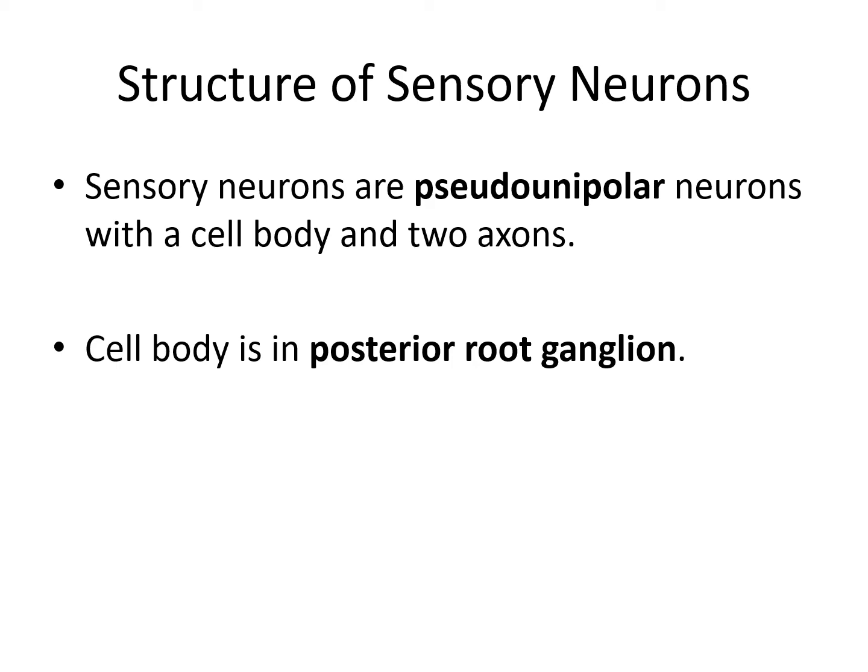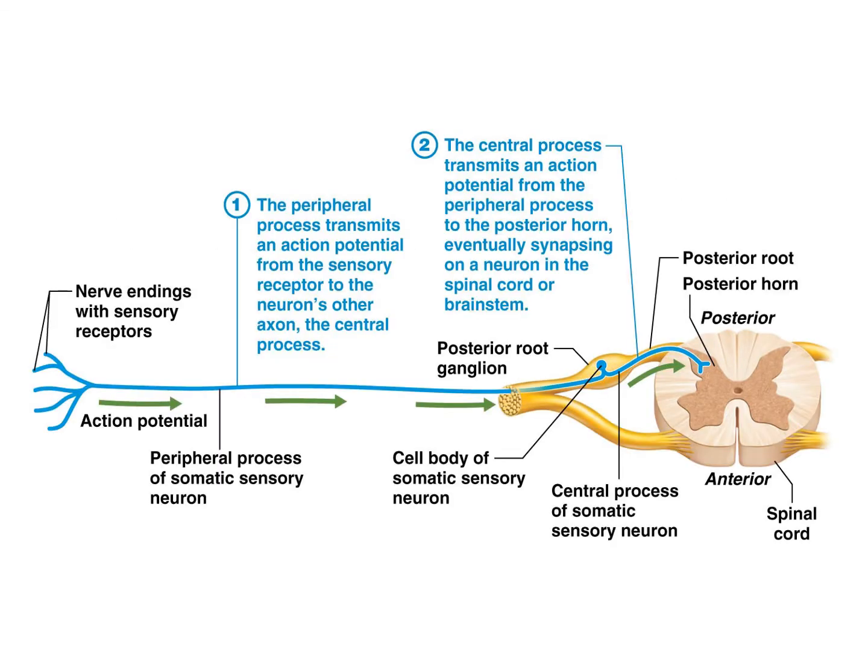The cell body, as you remember, is in the posterior root ganglion. So here are the free nerve endings with the receptors. We have a long axon, and the cell body of these sensory neurons is in the posterior root ganglion. Then we have another axon that extends out to synapse in the posterior root gray matter of the spinal cord.